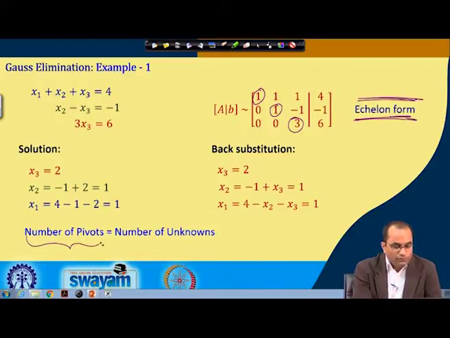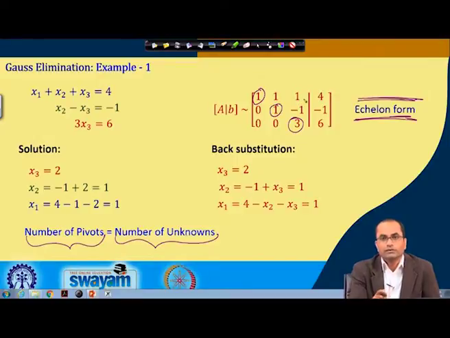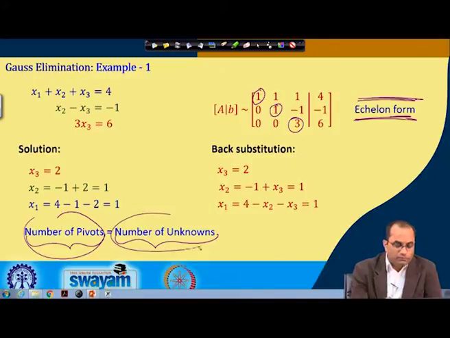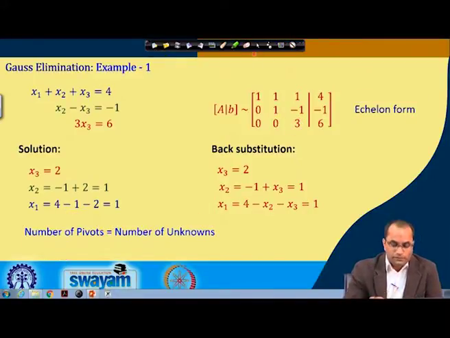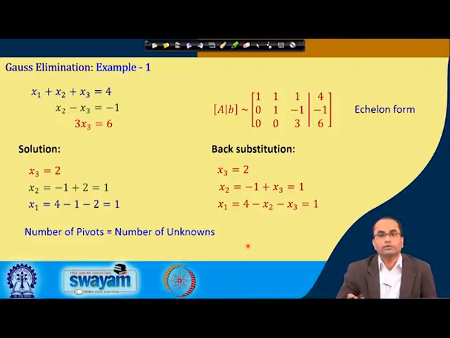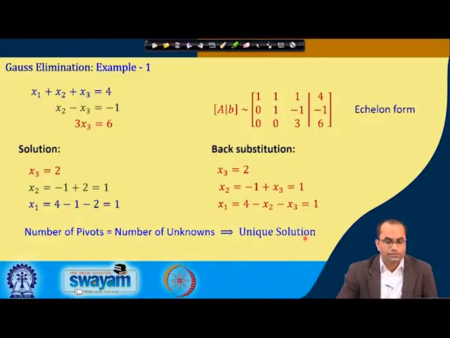So, the number of pivots here is equal to the number of unknowns. How many unknowns do we have here? 3 unknowns, x 1, x 2, x 3. So, the number of pivots is equal to the number of unknowns. Then we have exactly a unique solution. This is the case of the unique solution, because our number of pivots is equal to the number of unknowns, or in other words, because each column is associated with one variable.